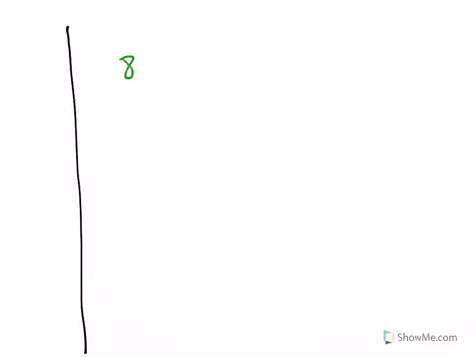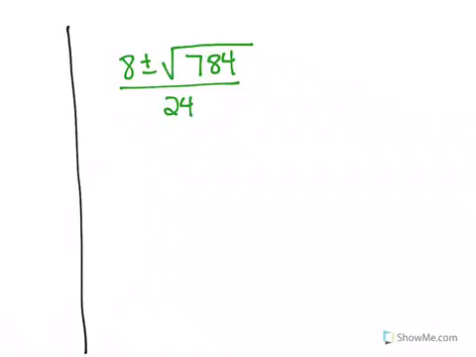So again, I have 8 plus or minus the square root of 64 plus 720, so we can simplify that here to 784 using simple addition, divided by 24. Alright, so now I need to factor this, because we need to have this in its simplest form, which means we need to factor this big number. So I'm going to make a factor tree over here.